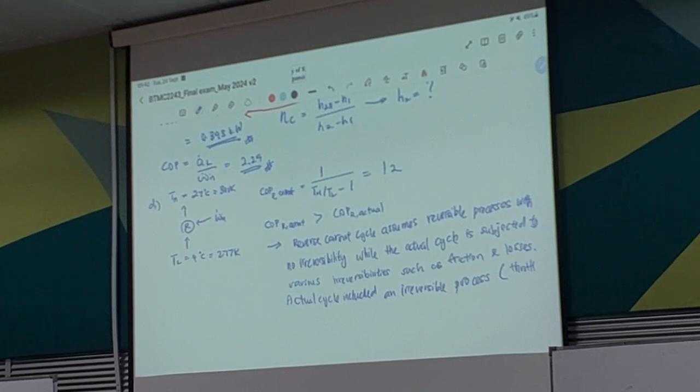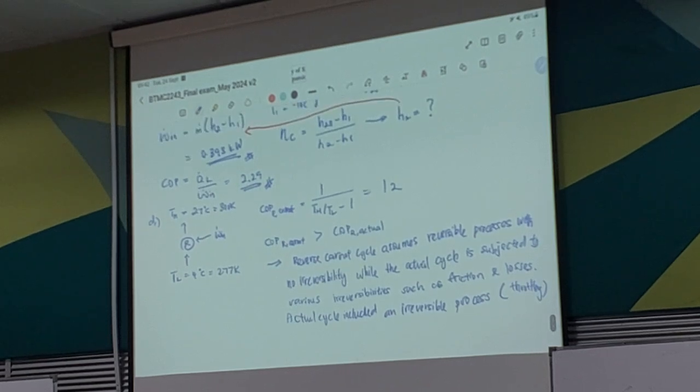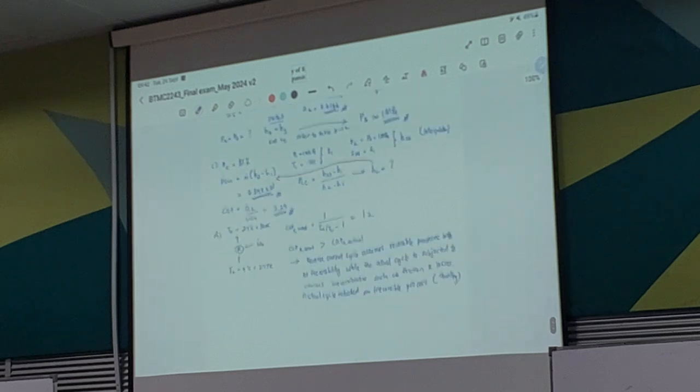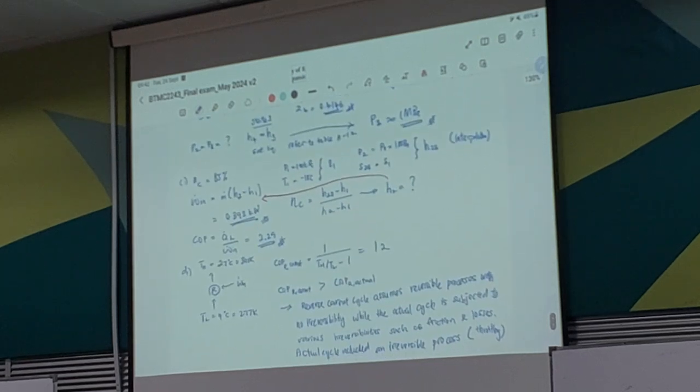So remember I mentioned the throttling process is, no matter how ideal, not a reversible process, because it's just throttling. If it is a turbine, then it can be assumed to be reversible. Okay, so these are the answers here, as you can see.